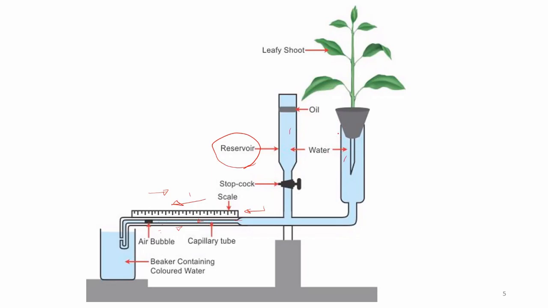Therefore, we can smear Vaseline in this area to avoid evaporation. If evaporation occurs from here, the water also moves in this direction, no? Yes, that also contributes to the air bubble movement. Not only transpiration, evaporation also contributes.